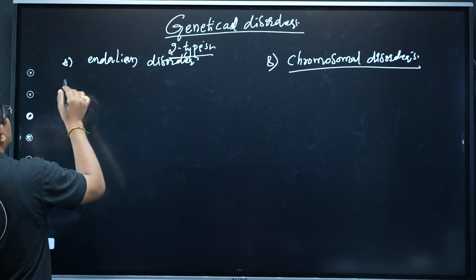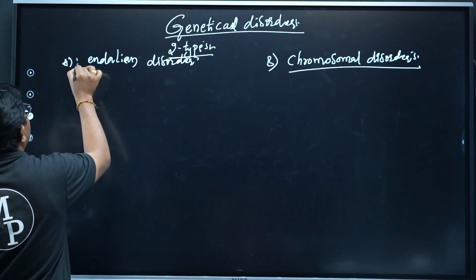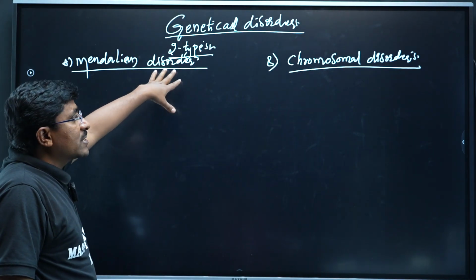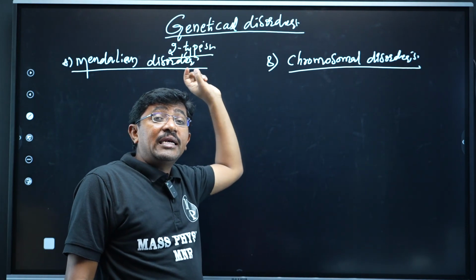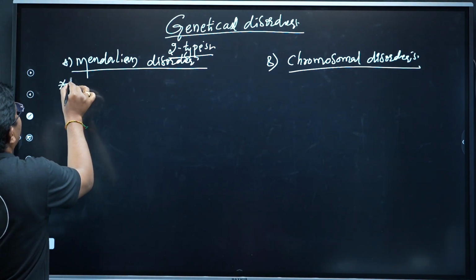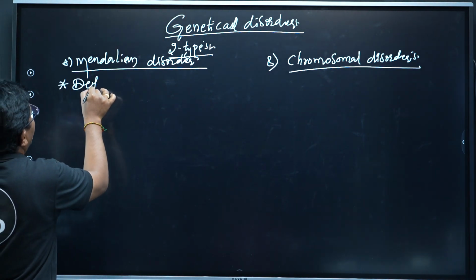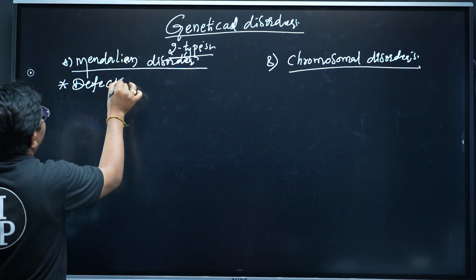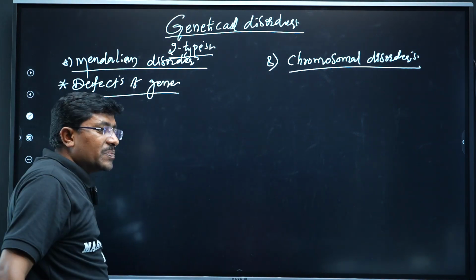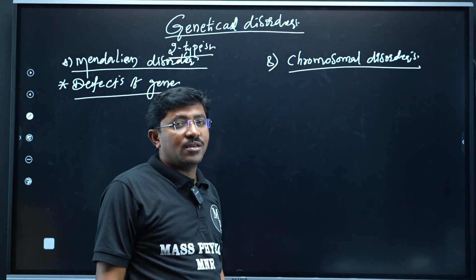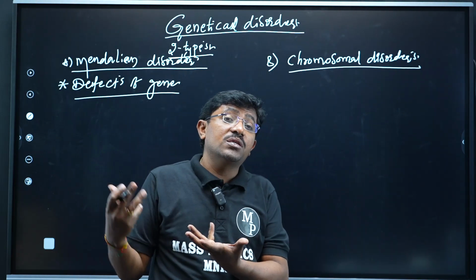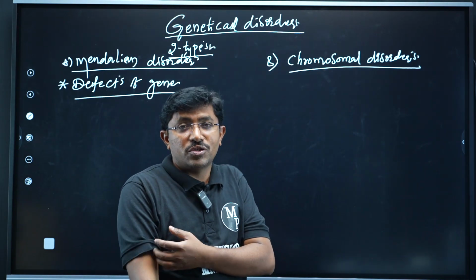What is the difference between Mendelian disorders and chromosomal disorders? Mendelian disorders are caused by the defect of a gene. Defects occur in the gene by mutations, or by some pathogens or causes that change the DNA structure.